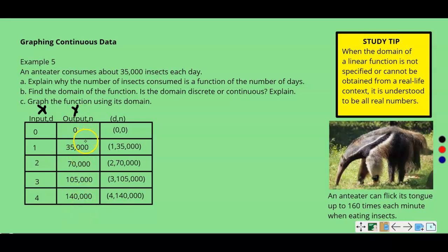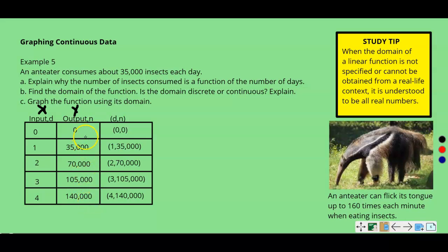So if you want to use a scale that goes by 35,000, 70, 105, 140, you can. You can go by 25,000, 50,000, 75,000, 100,000. You could go by 10,000, 20,000, 30,000, 40,000, 50,000, etc. But you certainly couldn't go by scales of 1 or like 2s or 10s.